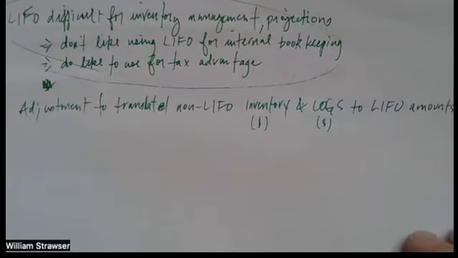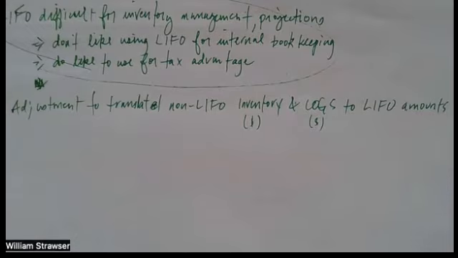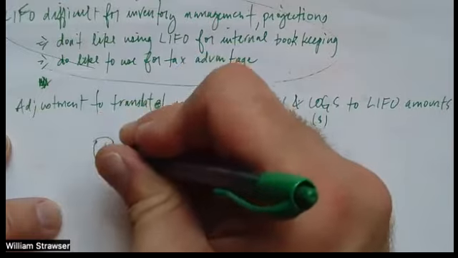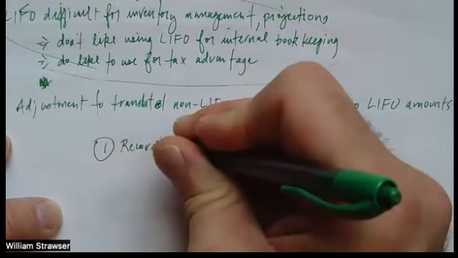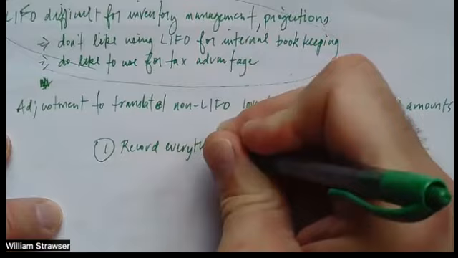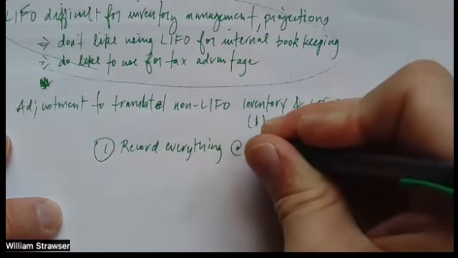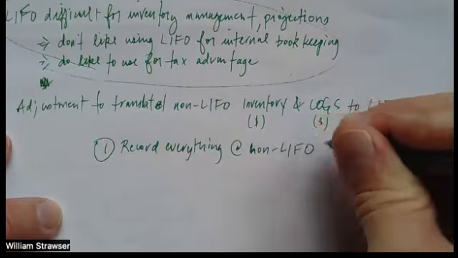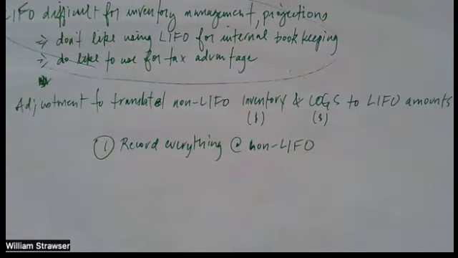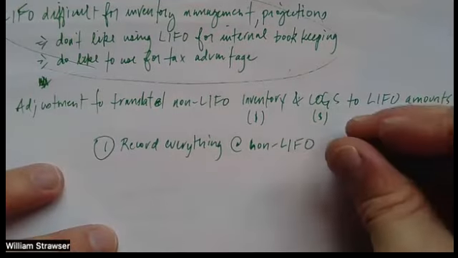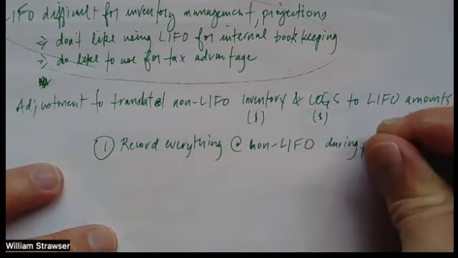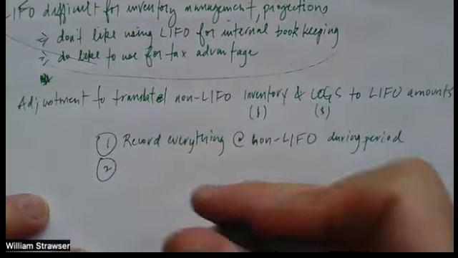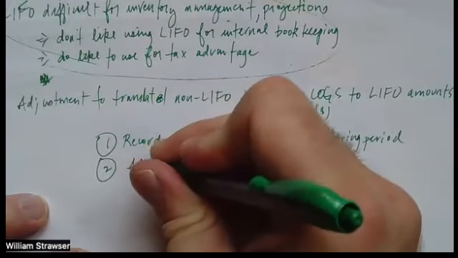So you're going through the period, recording everything at the non-LIFO. It could be average cost, it could be FIFO, but you're not using LIFO during the period. Then you make an adjustment to the LIFO reserve.